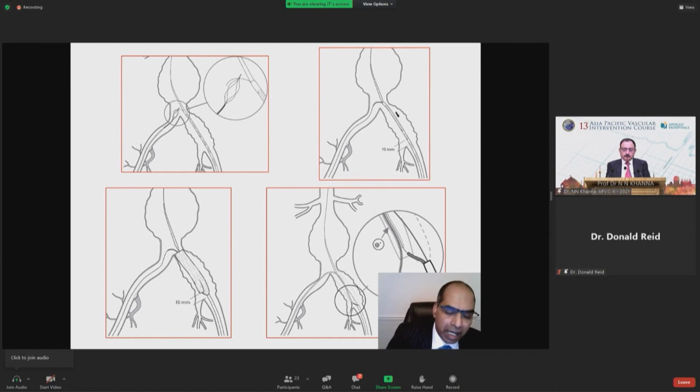And then the iliac branch device is unconstrained up to opening of the internal iliac branch out.